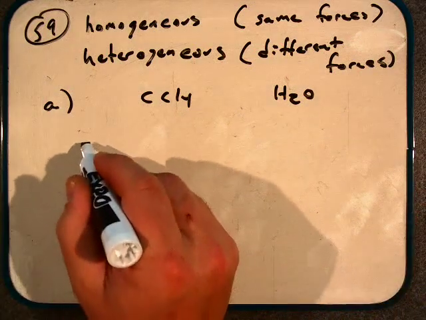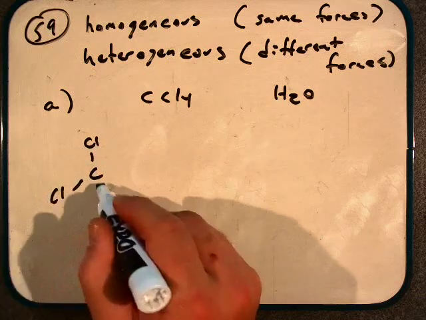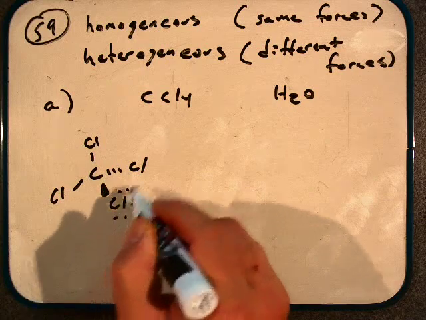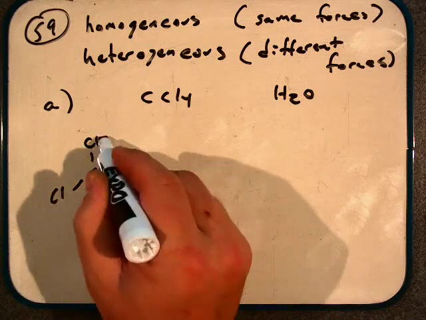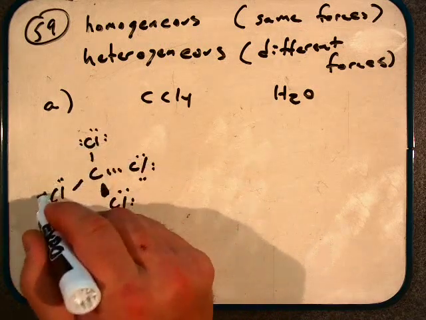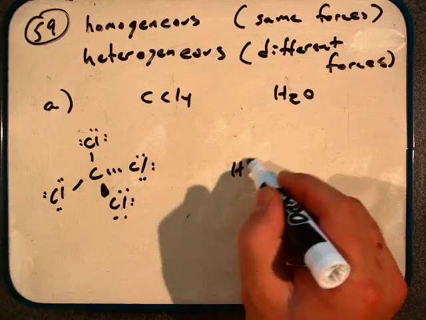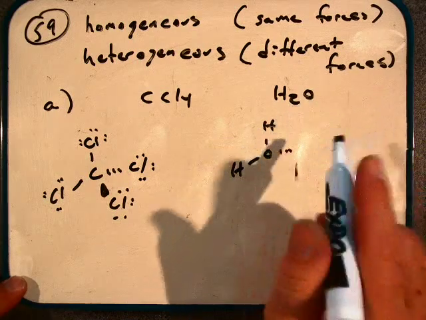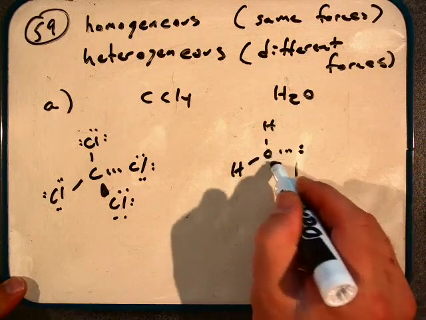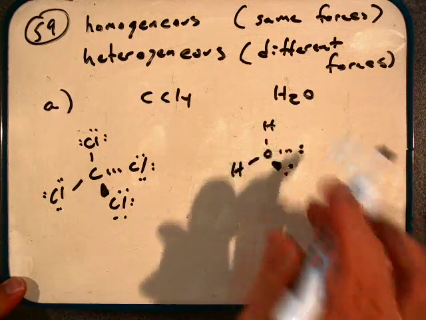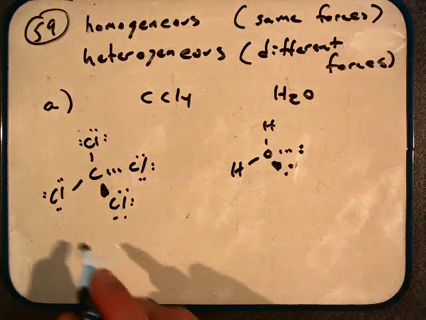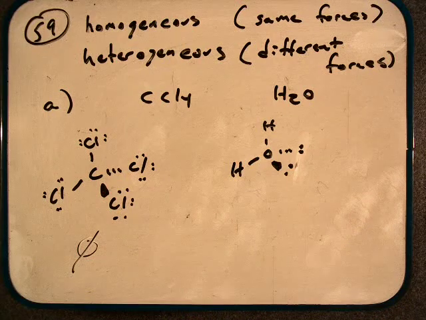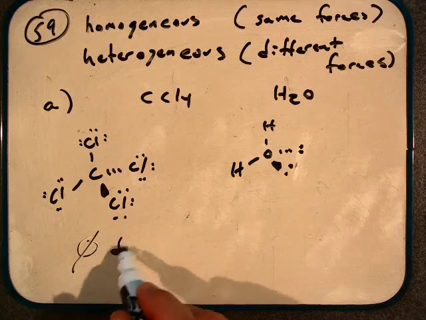If we draw these molecules, we need to do that in order to discern whether they have the same type of force or not. In this case, these are both tetrahedral electronic geometries. In the case of carbon tetrachloride, though, these bond dipoles all cancel out, and so we're left with dispersion forces.